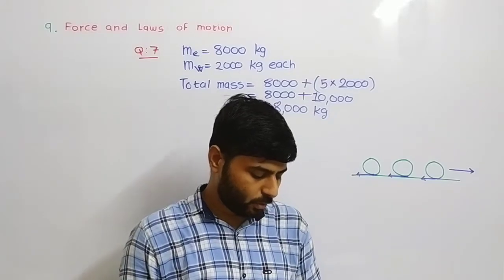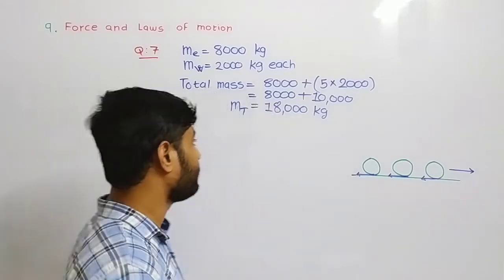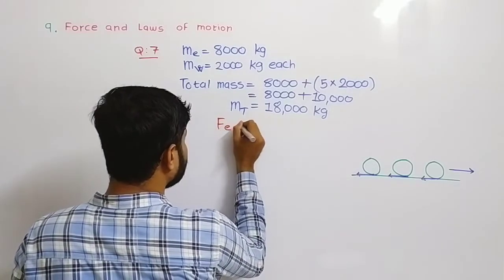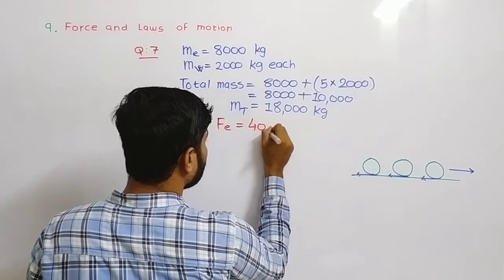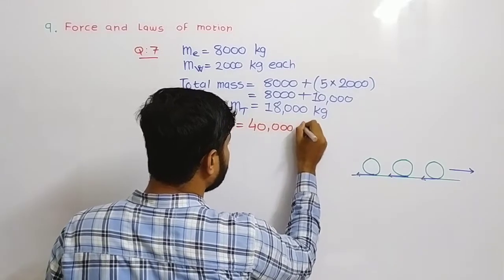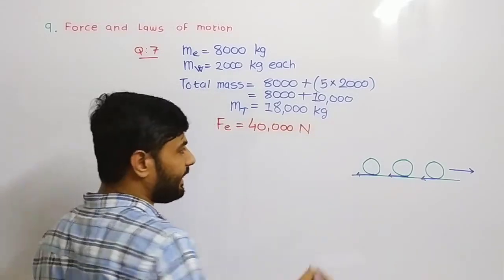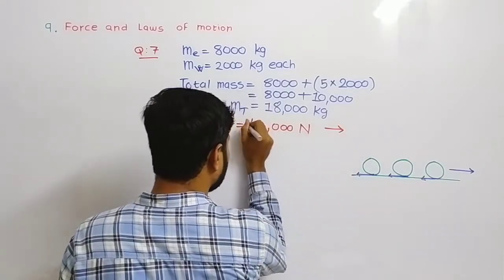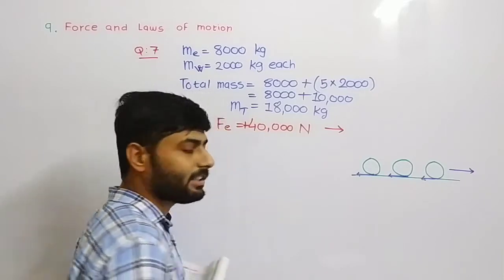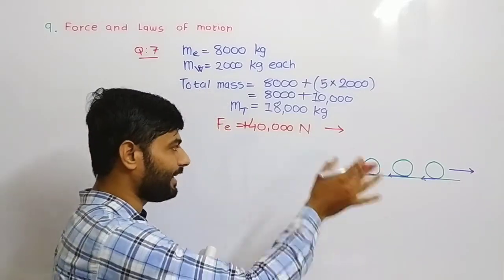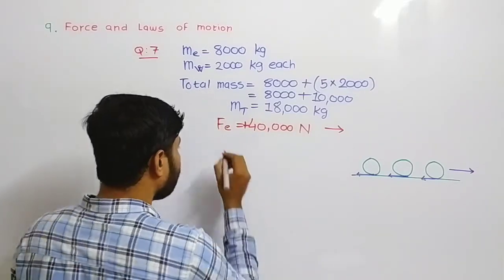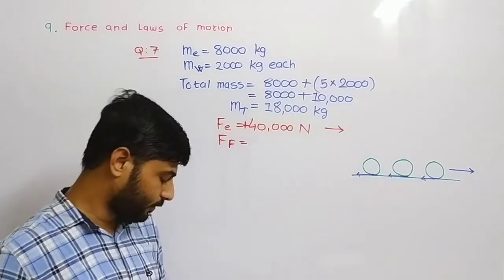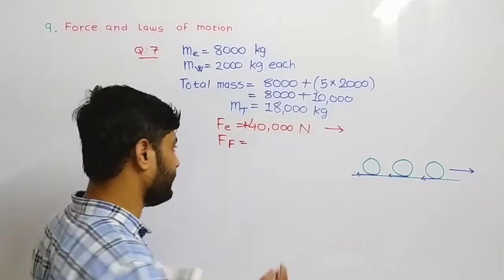The engine exerts a force of 40,000 Newton. So F engine is equal to 40,000 Newton. Let's take this side acceleration as positive, force in the right side direction as positive. And frictional force is 5,000 Newton.